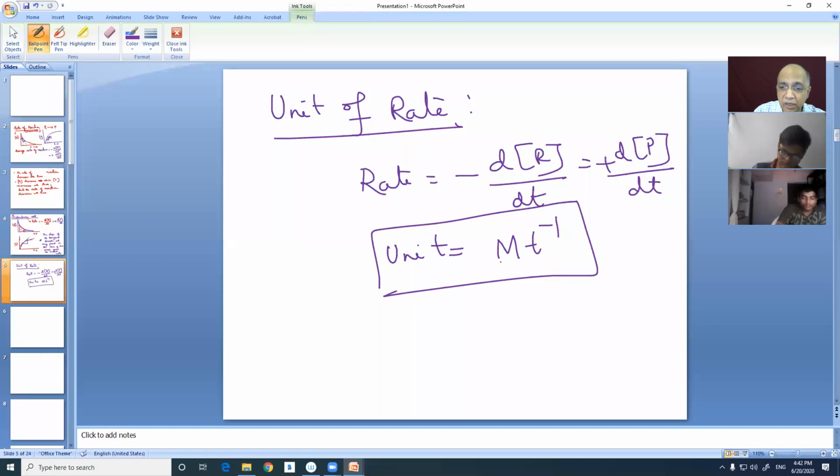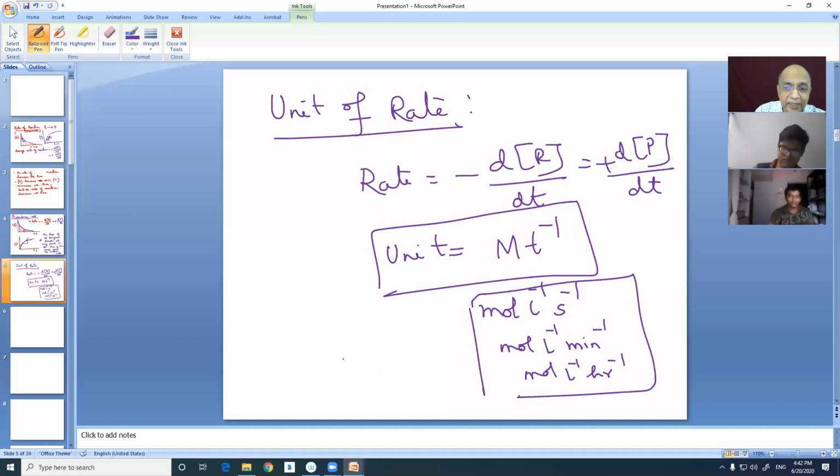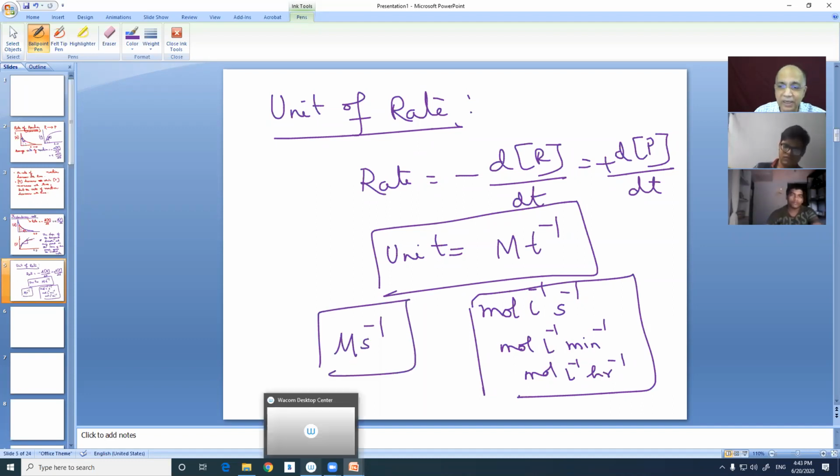Capital M is molarity, moles per liter. Or you can be very specific, writing moles per liter per second, or moles per liter per minute, or moles per liter per hour, whatever it may be. But usually it is written as M second inverse. Capital M means moles per liter. So that is the unit of rate.